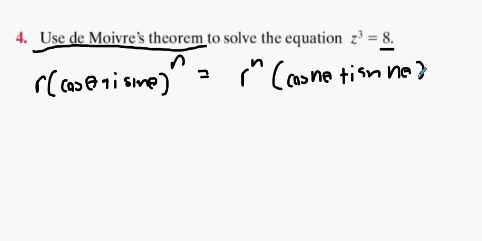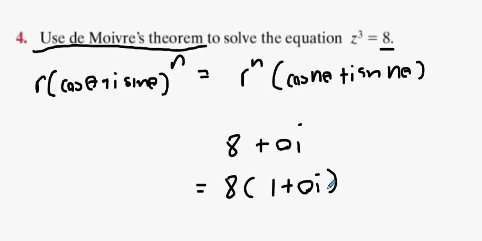Let's start off with the number 8. What is 8? Would everybody say it's 8 plus 0i? Would everybody then say it's 8 into 1 plus 0i? Are we on board so far? 1 plus 0i. Okay. Next part.